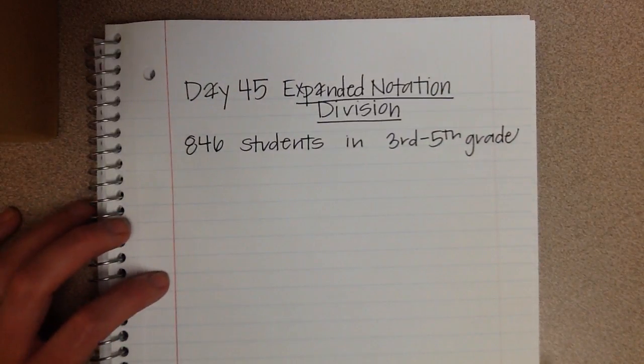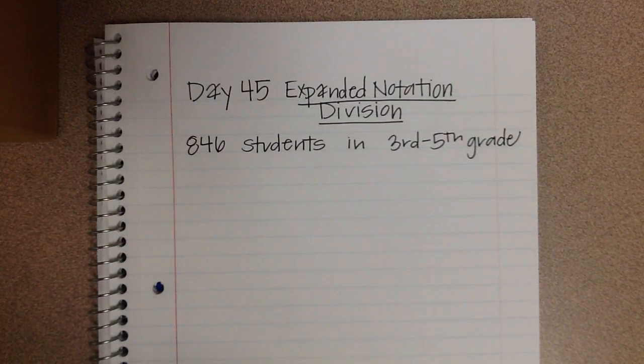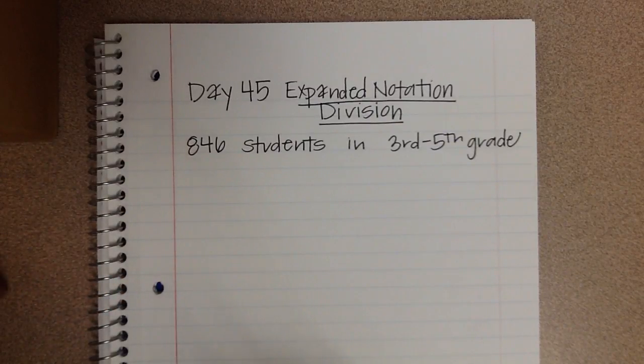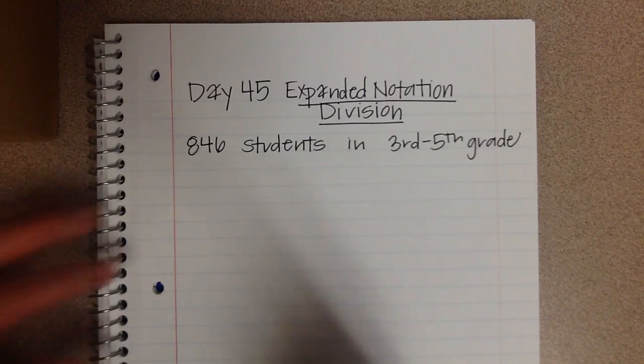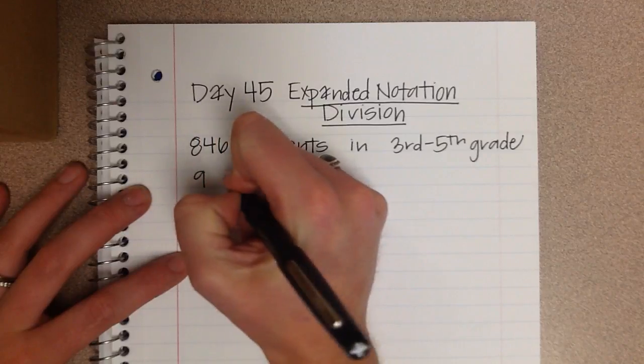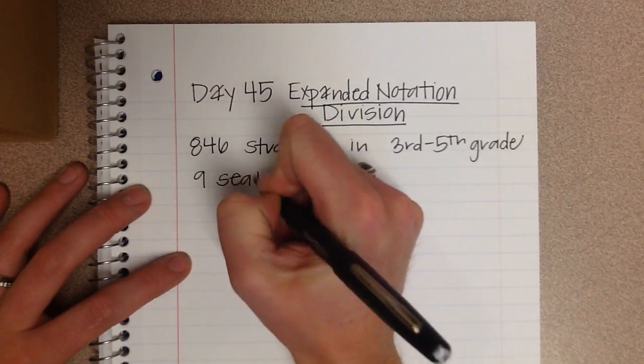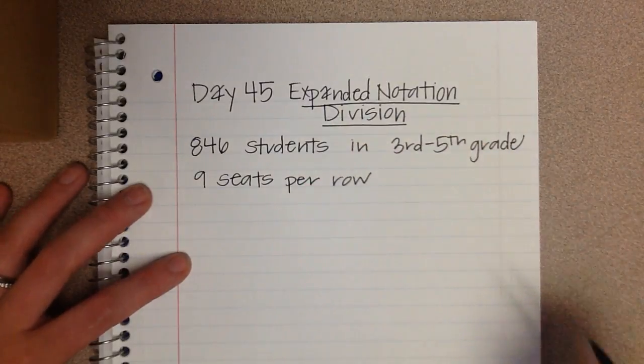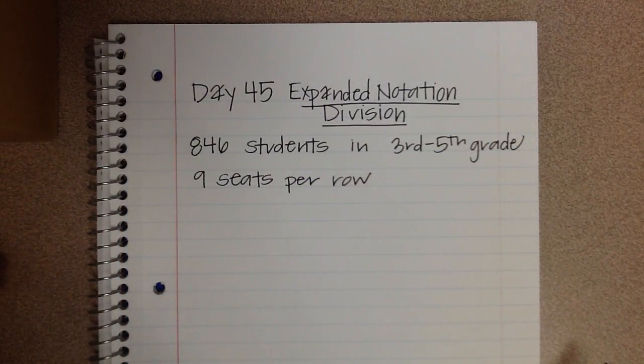Okay, so staff members, parents are not included in this number. Each row at PNC, where the Hurricanes play, each row contains 9 seats. How many rows of seating will Harris Creek Elementary School need to reserve?